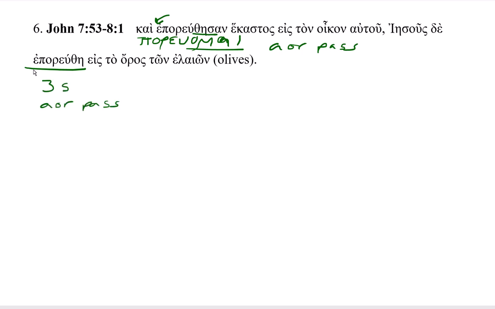For poreuomai, it's got an active meaning. So we have, and Jesus went eis to oros ton elaion, to the Mount of Olives. So, and they went each to his house, but Jesus went to the Mount of Olives. Some examples of aorist passive and future passive verbs.